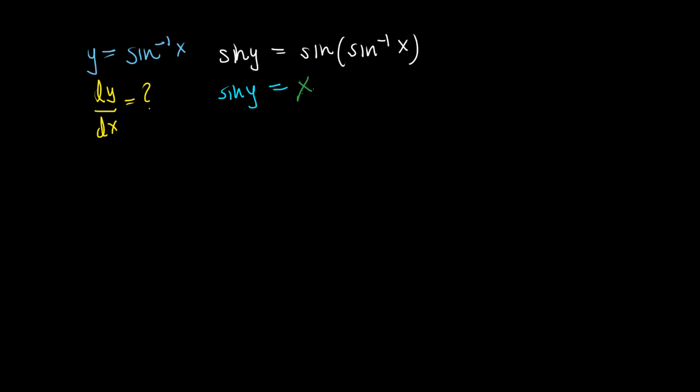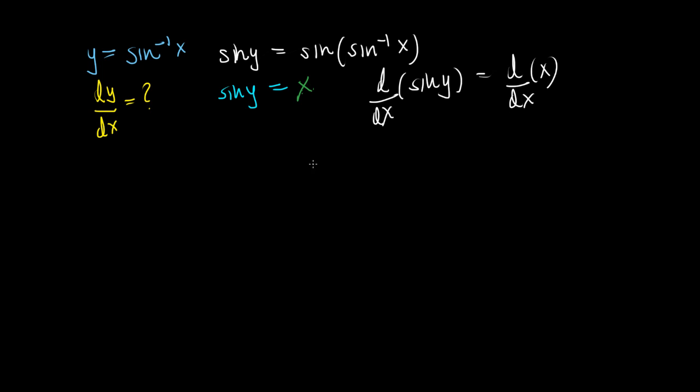Okay, so sine y is equal to x, and now I'm going to take the derivative of both sides. So d by dx, derivative with respect to x, of sine y is equal to derivative with respect to x of x.